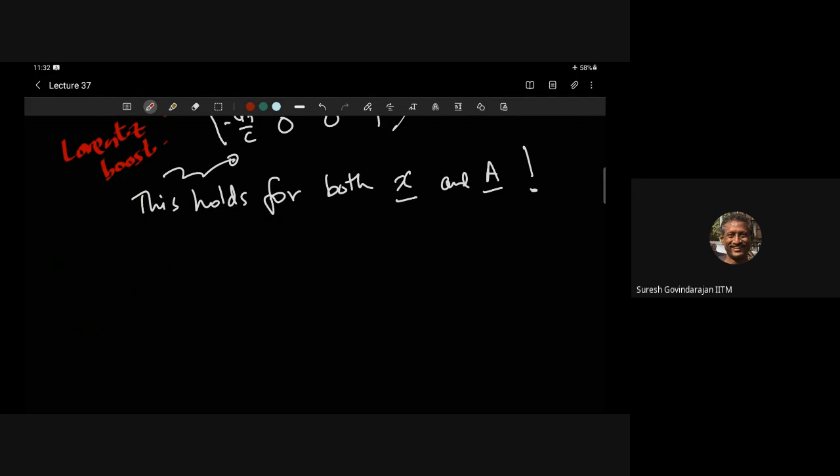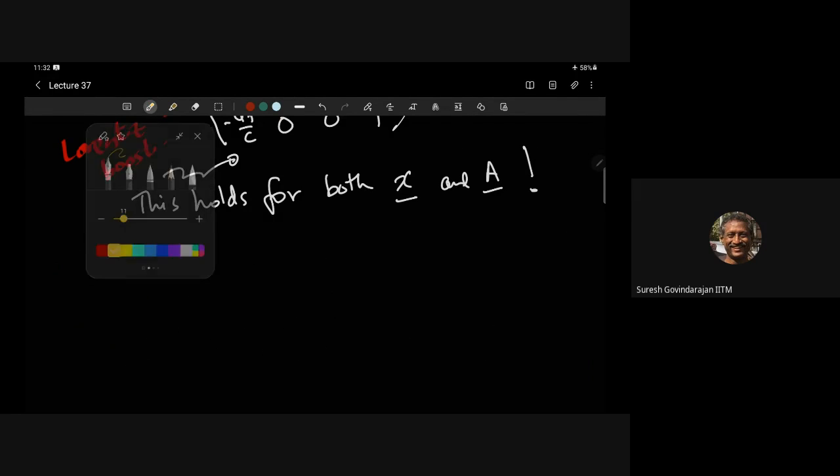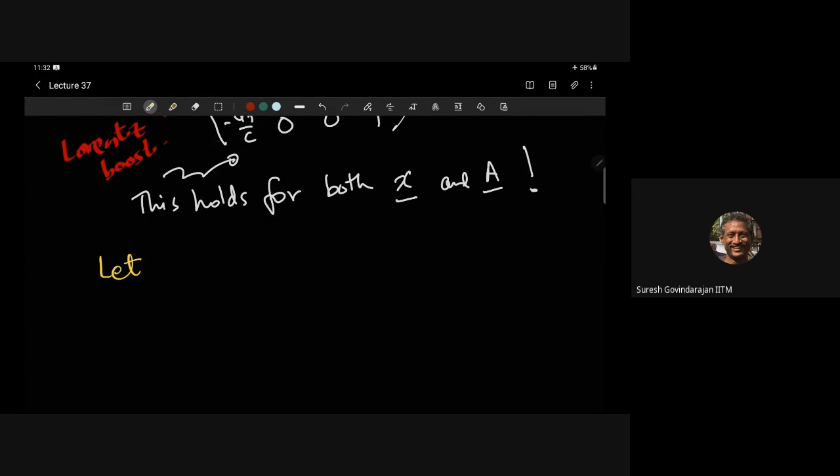Let me now define something which I'll call phi I, which is just u i by c. This is a variant of phi. This phi I used for scalar potential. Hopefully you can see there's a distinction between these two.